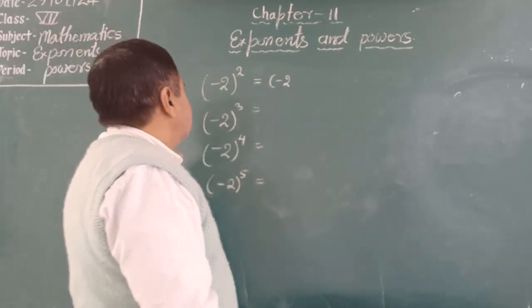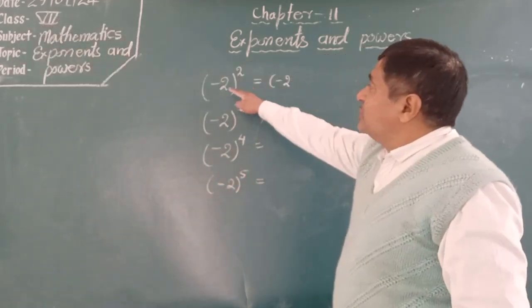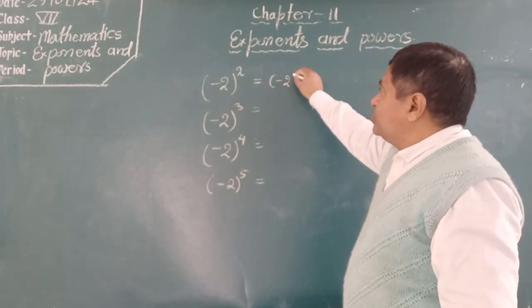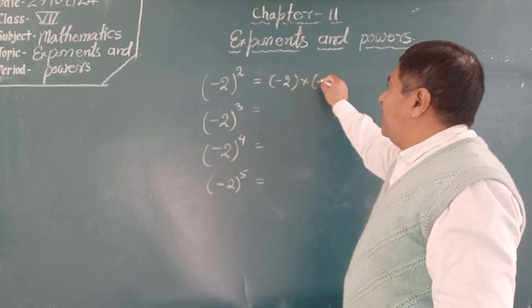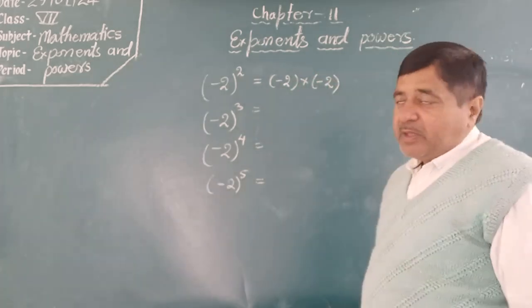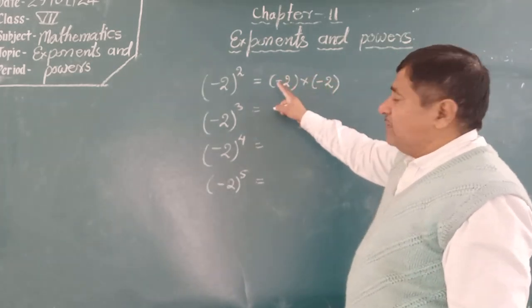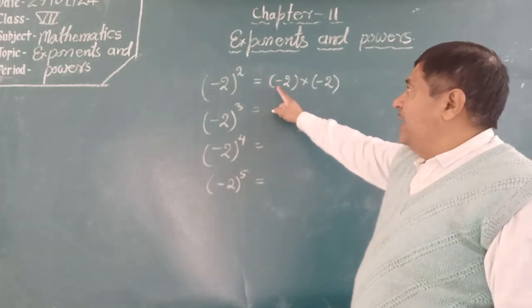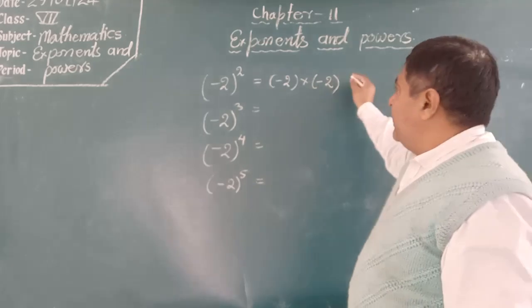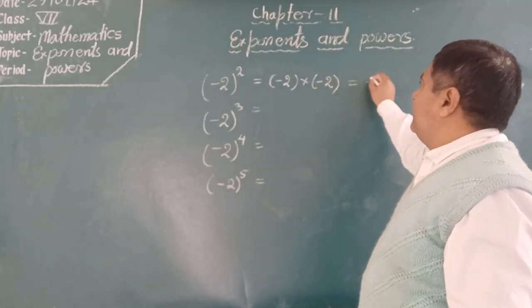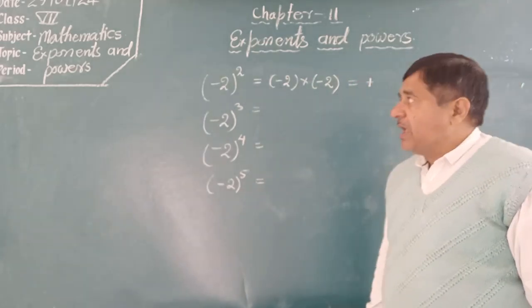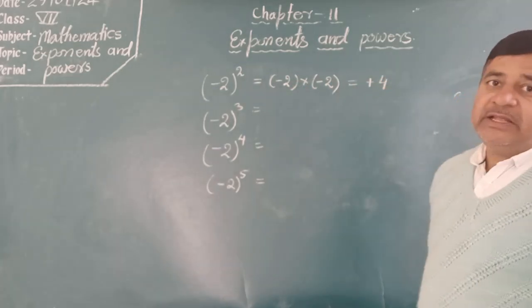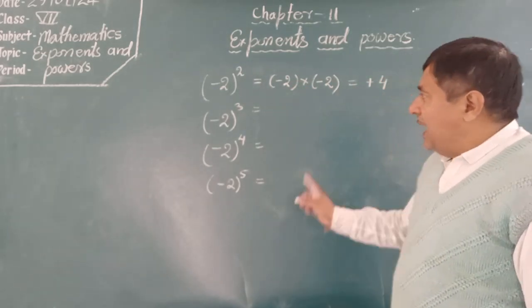So what is the meaning? Minus 2 to the power 2 means minus 2 is multiplied 2 times. First we multiply the signs, minus into minus, then we obtain a plus, and 2 into 2 is 4.